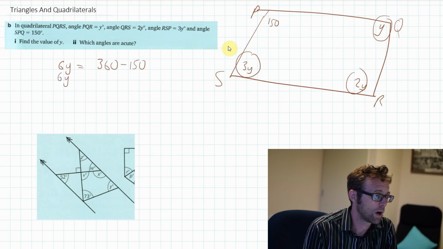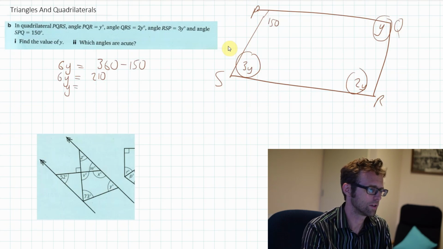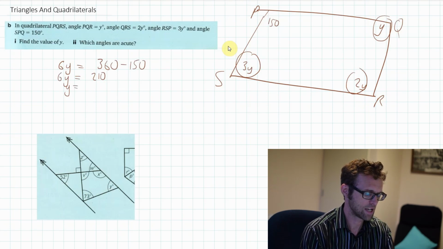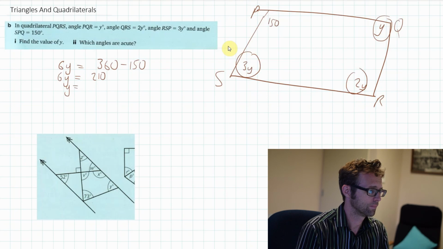So 6y is equal to 210. So y is going to be equal to 210 divided by 6. So what are we getting for this? We got 3.5, 35, sorry.